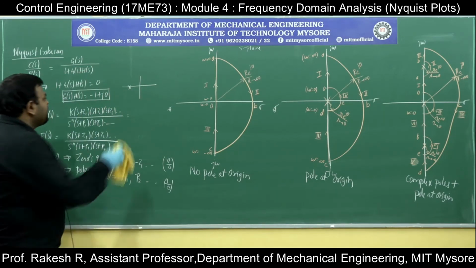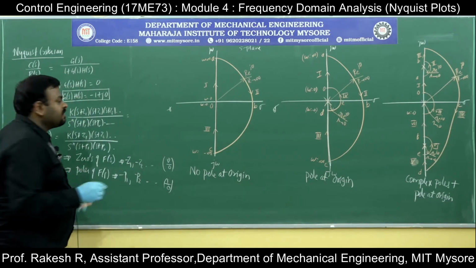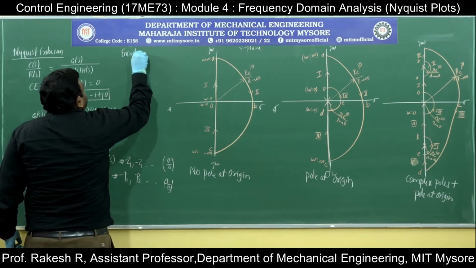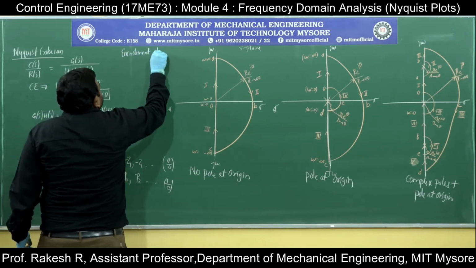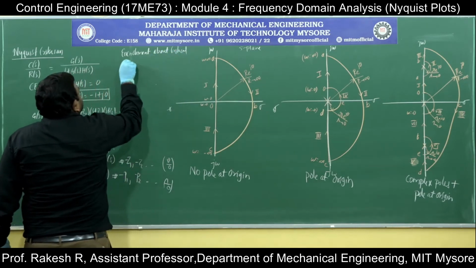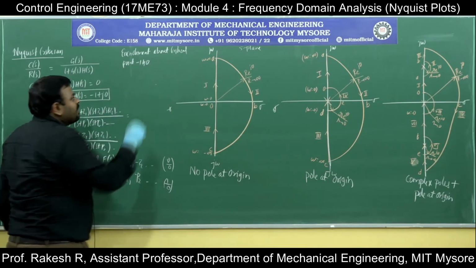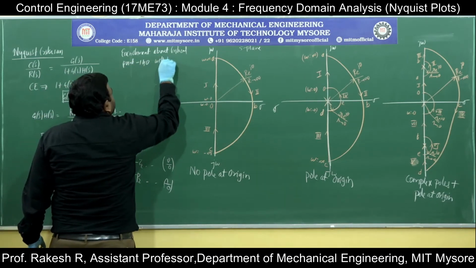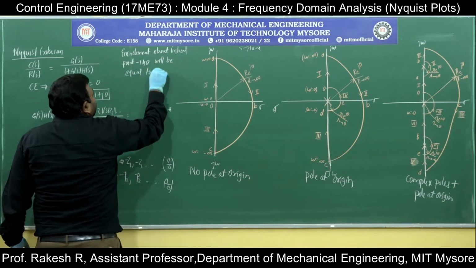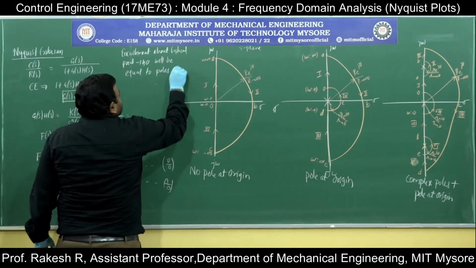What is the Nyquist criterion? The Nyquist criterion states that for a stable system, the encirclements about the critical point minus 1 plus j0 will be equal to the poles of f of s.